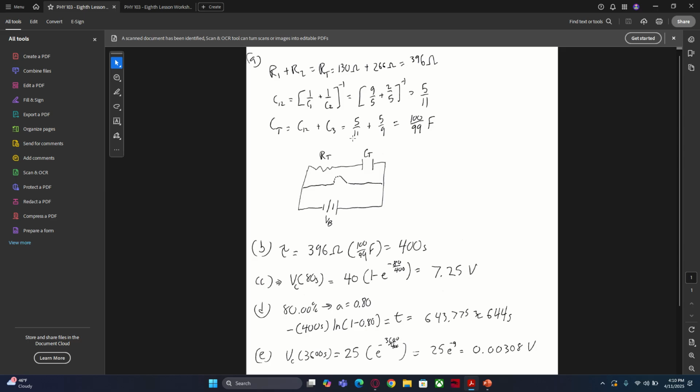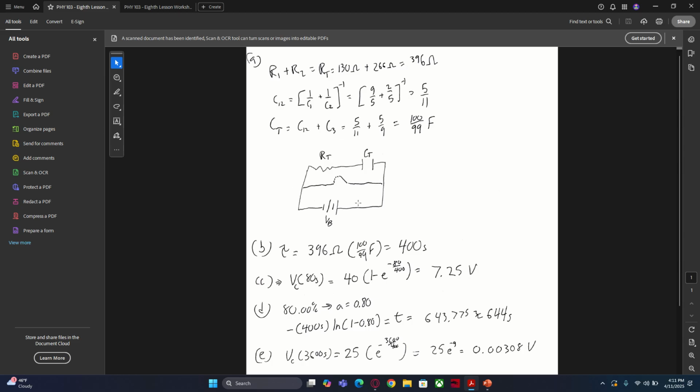So 5 11s plus 5 ninths, and if we simplify this, 9 times 5, 11 times 5, add those together, that gets us to 100, and then 11 times 9, that equals 99. So 100 over 99 farads.